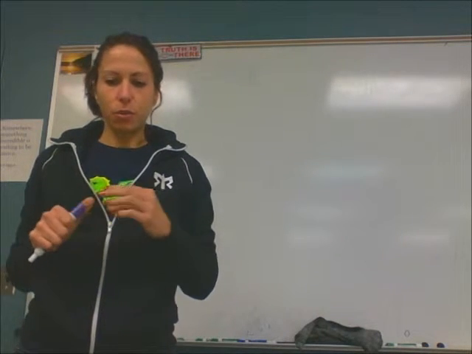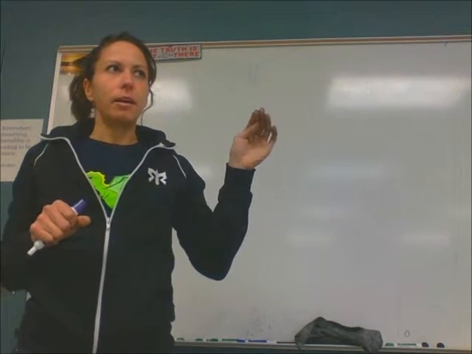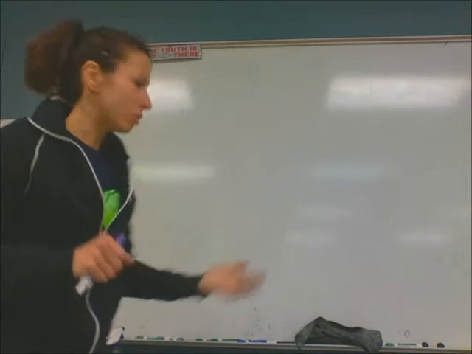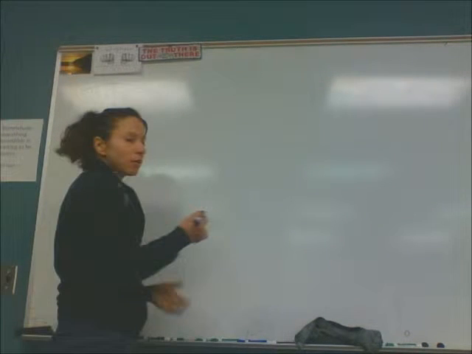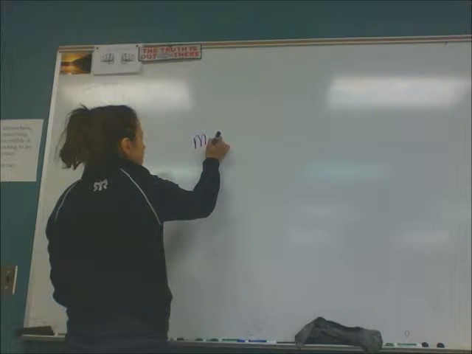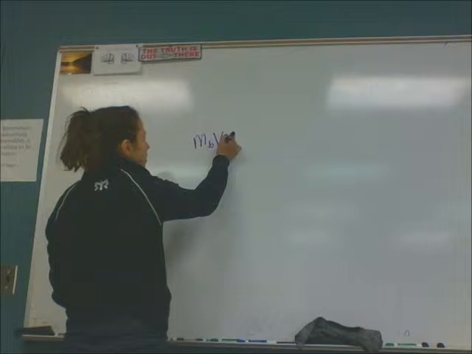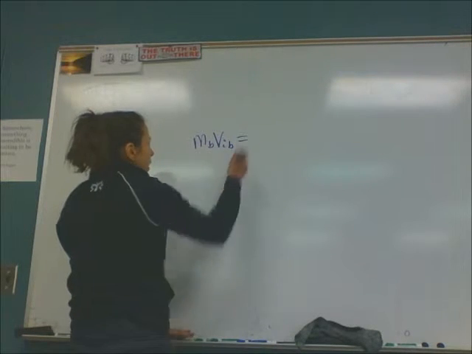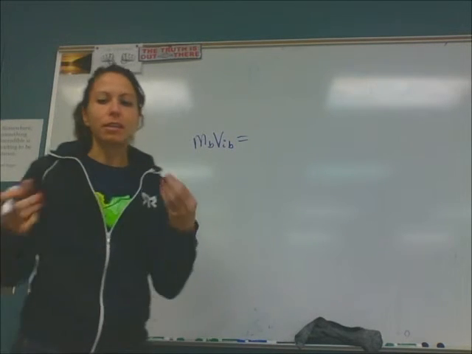And so once that happens, now we have block 1 moving with some velocity, but you also have the bullet moving with some final velocity after it leaves block 1.